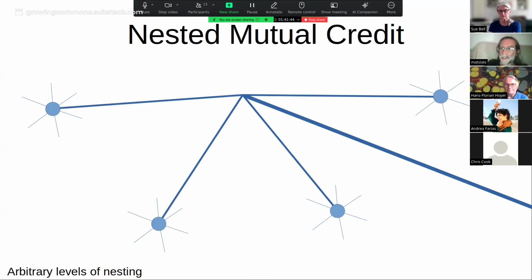And because it's nested, the protocol allows you to have an arbitrary number of stars on stars on stars. It doesn't care. It's just a matter of saying that each node here has a parent.